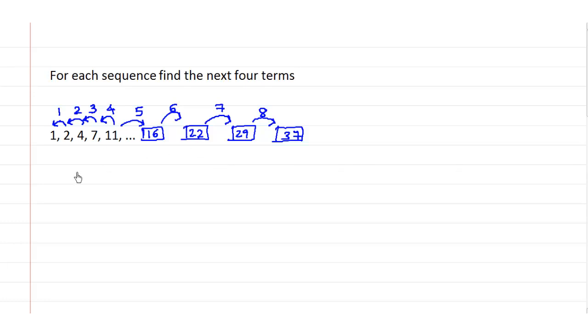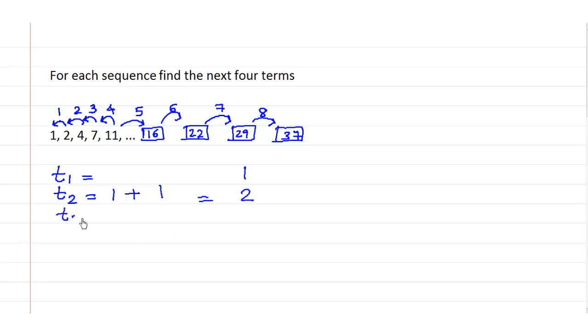How do we write this? So we'll write that the first term T1 is actually 1. Then the second term T2 is the first number plus 1, and that is 2.